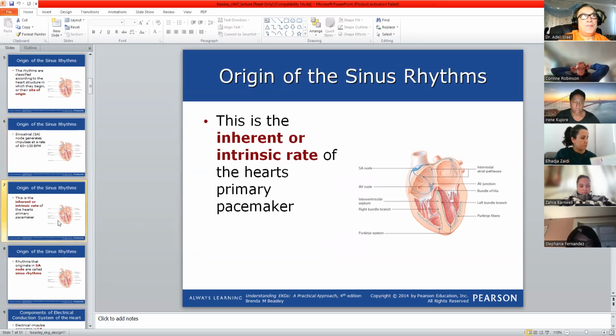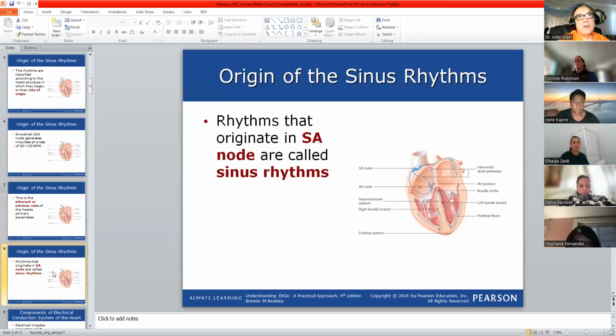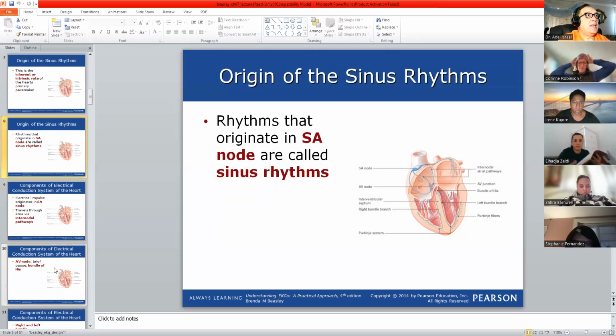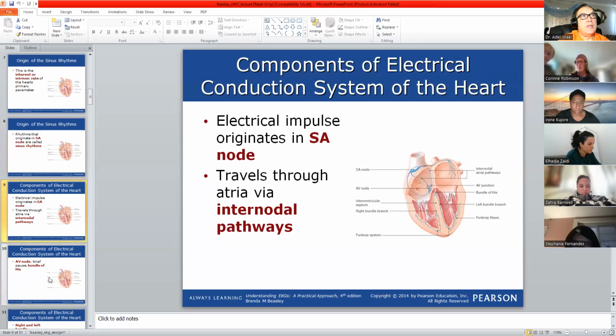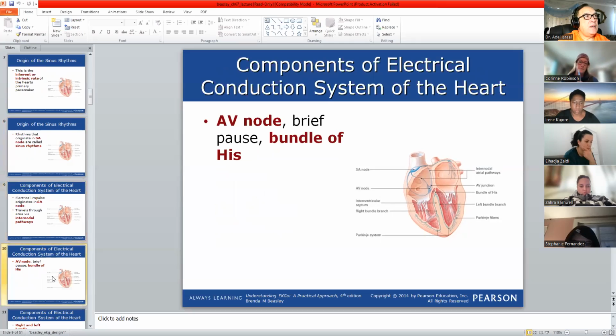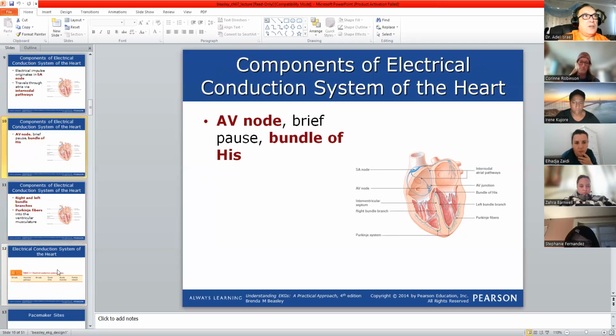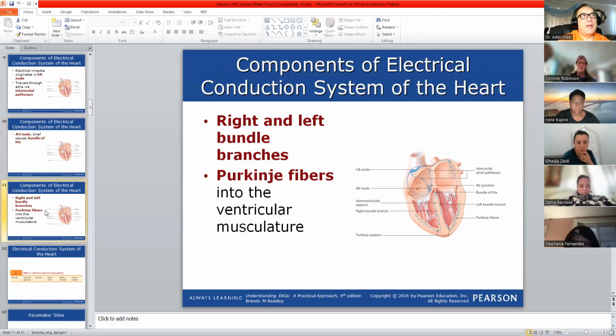And after that, we have very important information regarding the pacemaker, which is the SA node. And after that, the transmission goes to the internodal pathway, then we get the AV node and the bundle of His and right and left bundle branch.